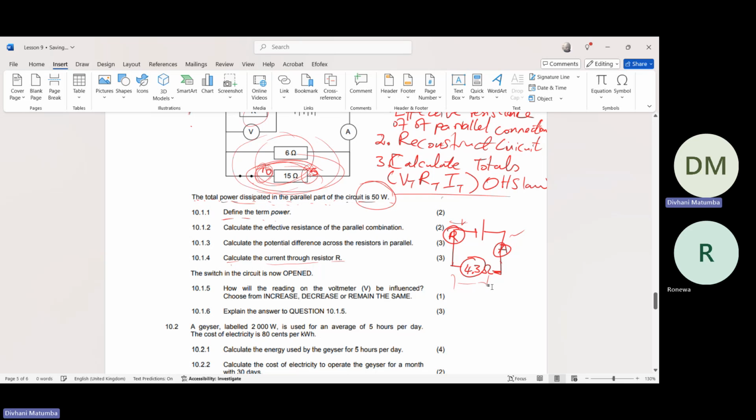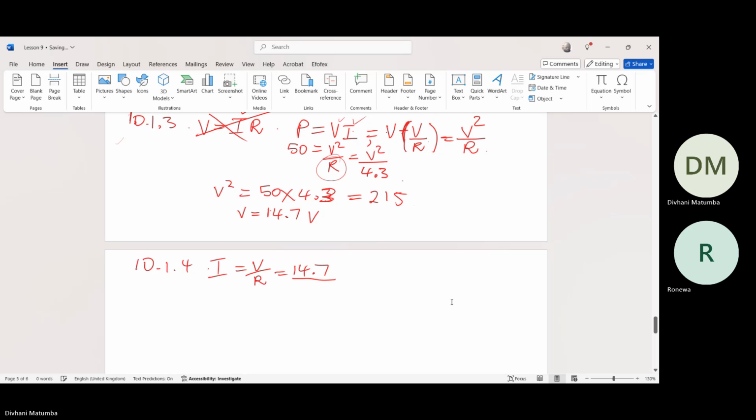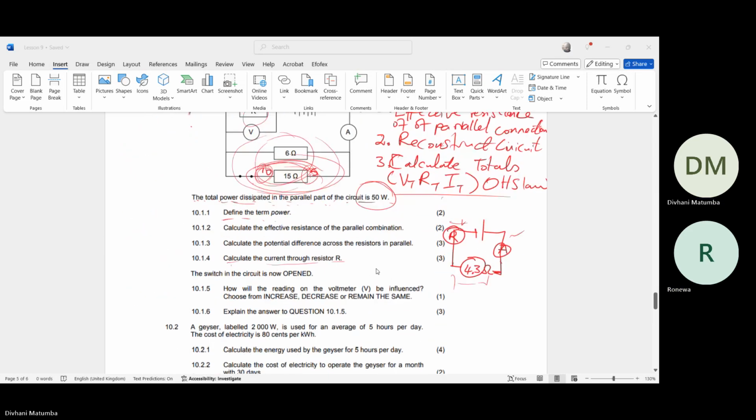Okay, so if it's unknown, then what? I don't know where to go from here. Okay, let me correct you. Question 10.1.3, they said calculate the potential difference across resistors in parallel.